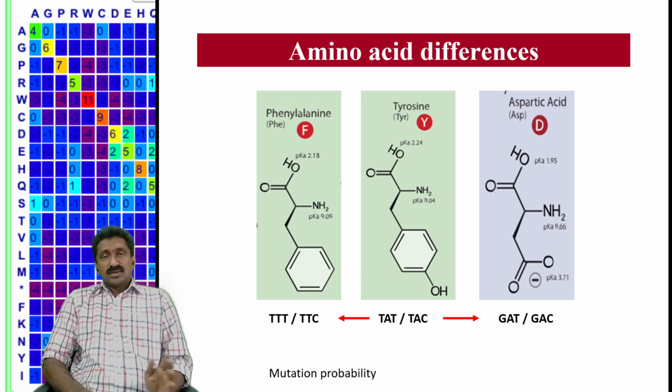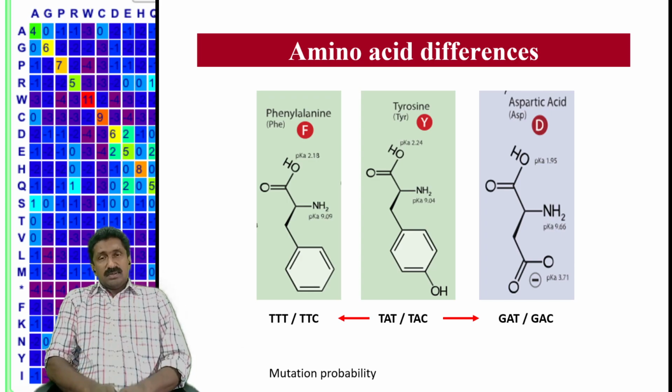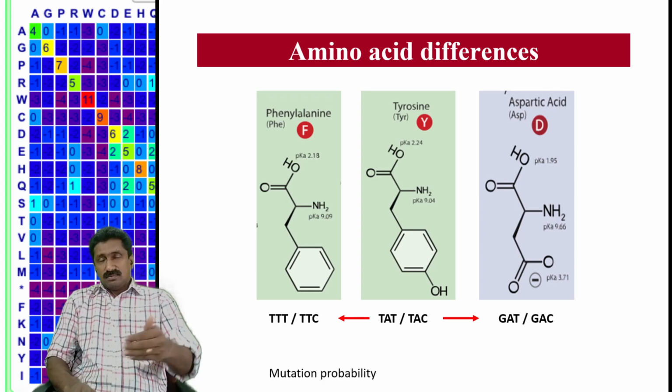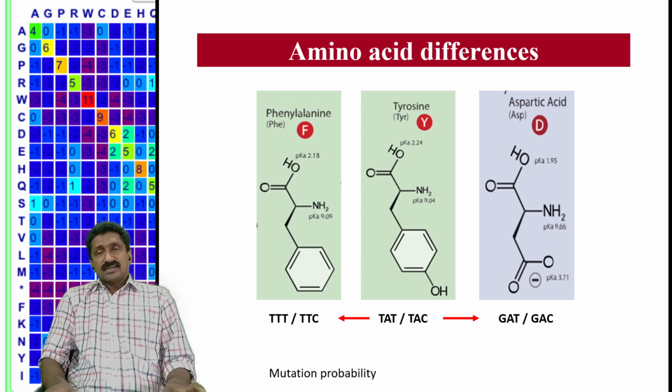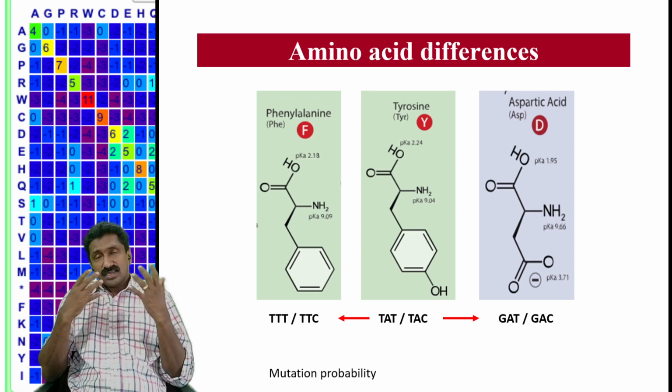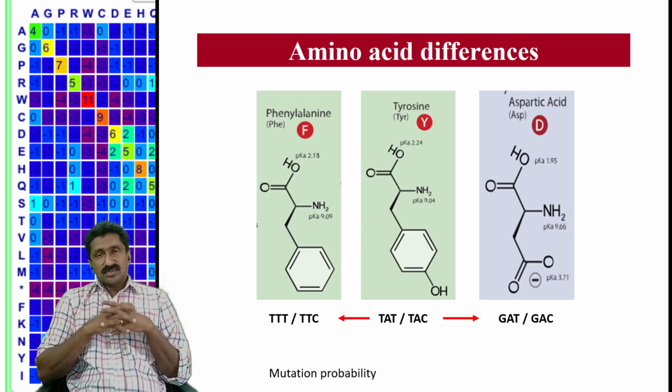Some mutations will result in very closely related amino acid, or in most of the cases same amino acid, because of the degeneracy of the code, and as a result there will not be any phenotypic change in that organism.